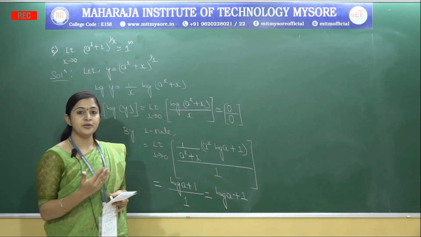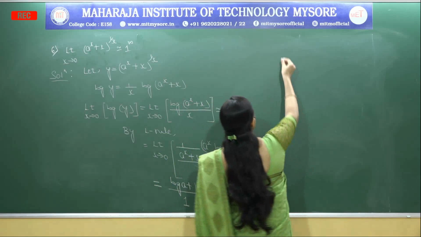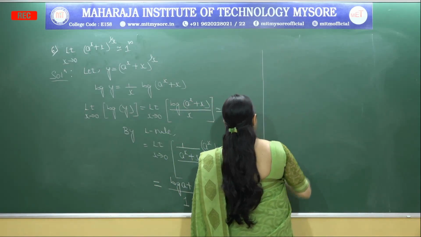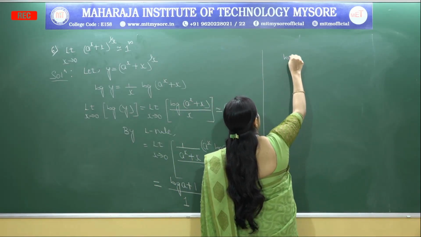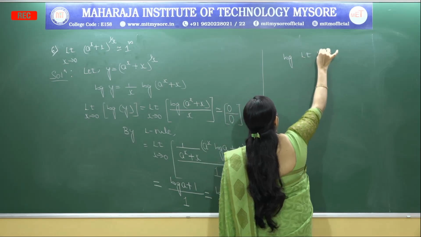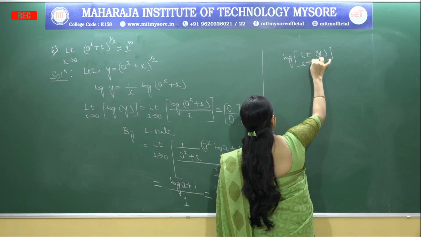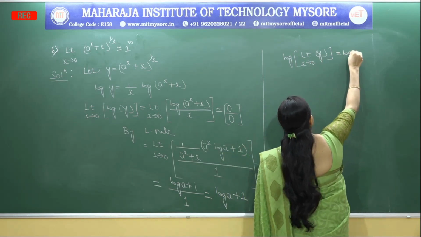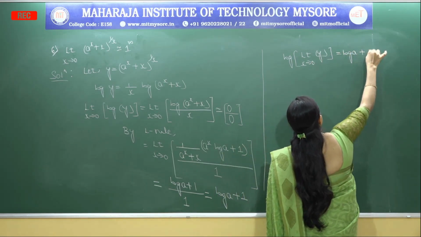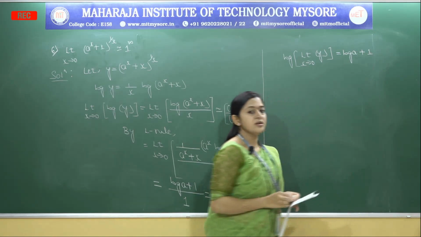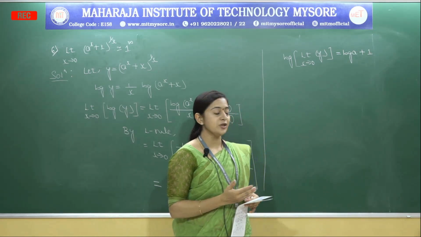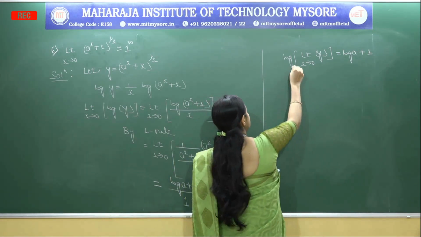In the left part, you interchange the log with limit. Limit of y as x tends to 0 equals log a plus 1. Since you have the log with base e, you can take the log to RHS part.